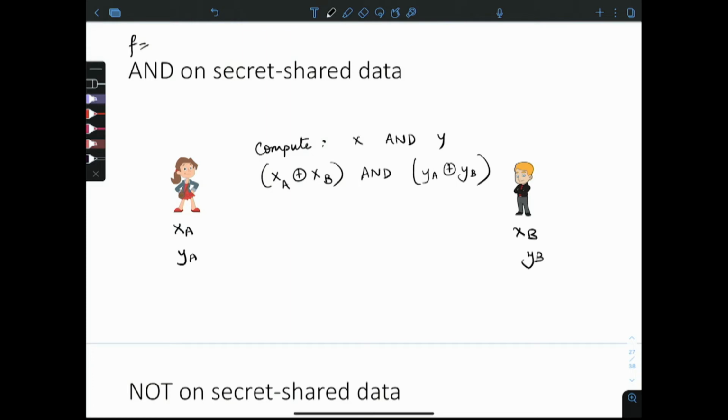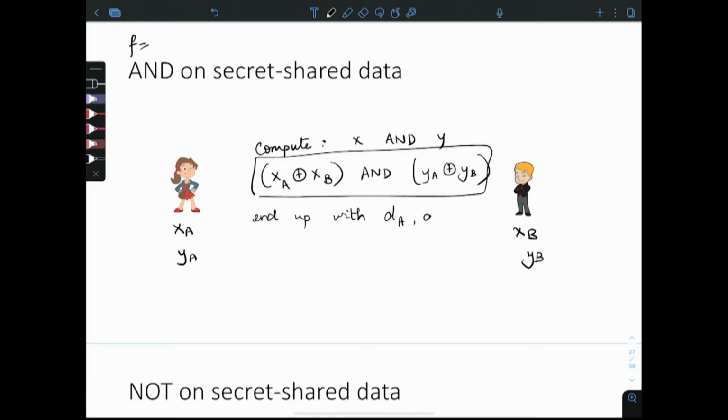And they want to end up with shares of the result. So end up with, let's say, dA and dB.